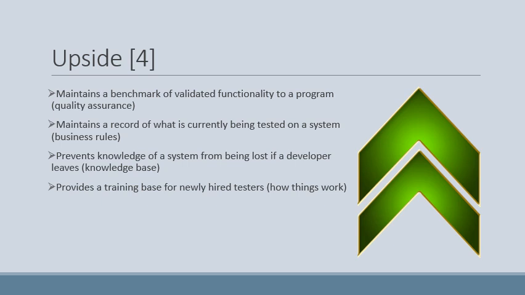Some test cases may be a functional record of business rules currently applied to an application, such as only allowing certain users and certain groups to access specific files, or allowing dates within specific ranges for certain fields. And additionally, providing test cases can ensure knowledge of a system's functionality and validity extends beyond the developers who created it. Test cases also provide a record of how things work within a system, allowing new testers to be more effectively trained.